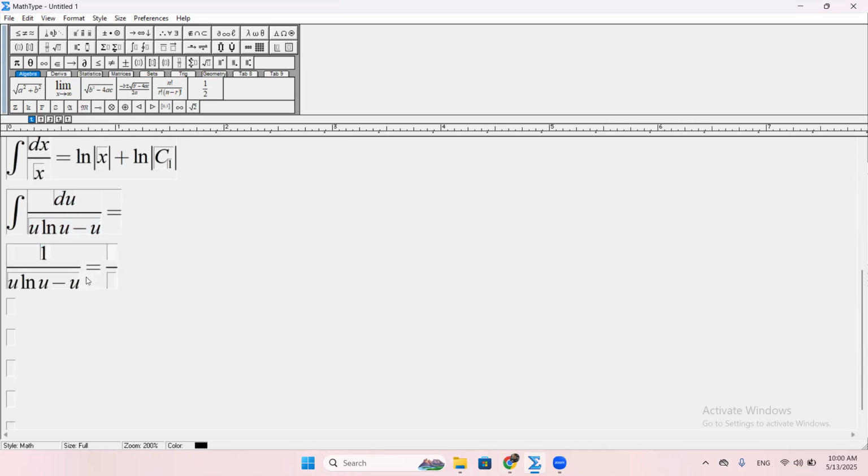How can it be rewritten? So u by logarithm of u minus 1. Maybe it will be simplified a little bit.